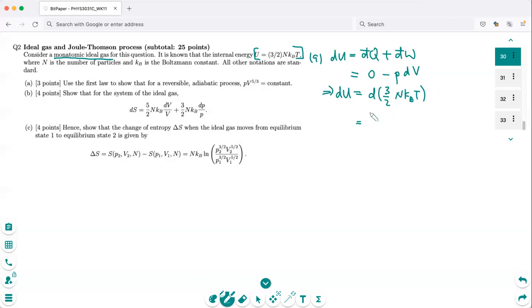But if you realize something useful about this question, namely that you are dealing with an ideal gas, you can save your time and make your life simple. Before we move on, we know this is an ideal gas, so you know the equation of state for the ideal gas. NkBT is PV.